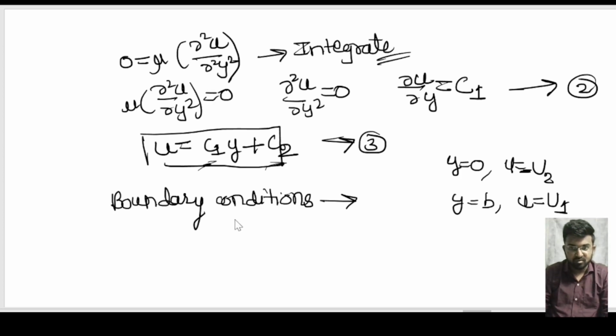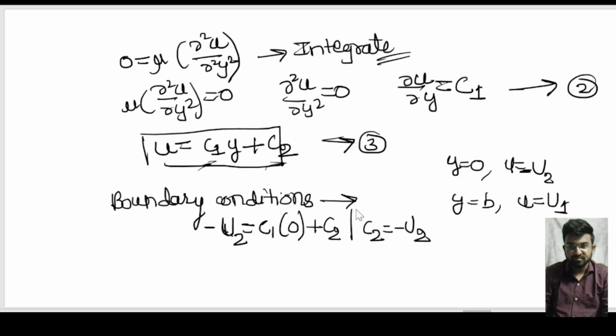Okay, so put these into the equation. Put minus u2 instead of u: minus u2 equals c1 into 0 plus c2. So you will get c2 equal to minus u2. Now put the second boundary condition.